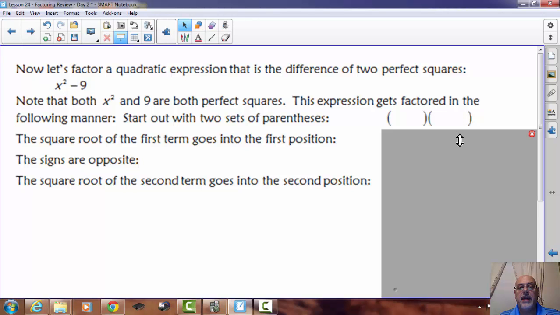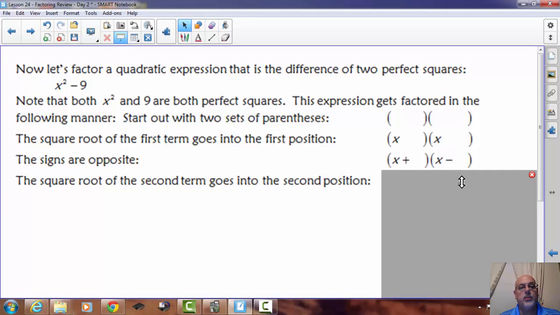The square root of that is x, and that goes in the first position in each set of parentheses. The signs will be opposite. It doesn't matter in this case which is first, whether it's x plus then x minus, or x minus then x plus. Then 9 is a perfect square. The square root of 9 is 3, and that fills out our binomials.